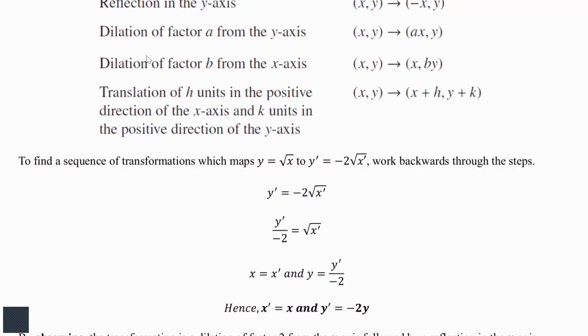But it's not reasonable to say x equals x dash in this problem. Because of the -2 outside, if you say x equals x dash, this right-hand side will not generate the same value as the right-hand side of the original function.